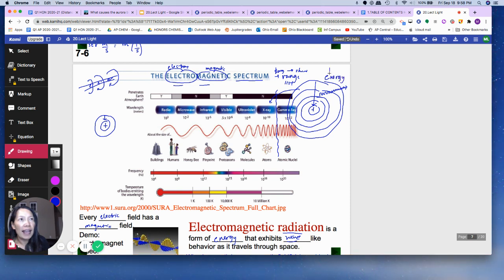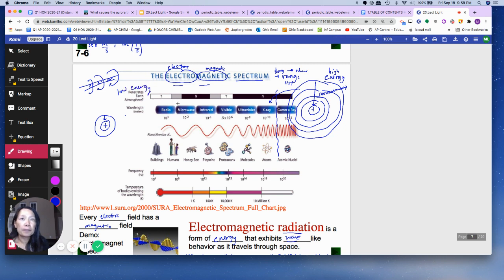It has high energy over here on this side. That's why you are scared of it, because if this goes into your body, it has enough energy to knock off electrons from molecules, and it can break the bonds and cause cancer. Okay, so we protect ourselves from X-rays. Radio waves, on the other hand, it's not a very big drop, and it's not very energetic. So all this on this side are low in energy.